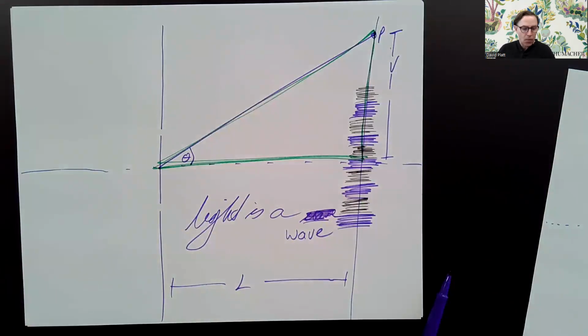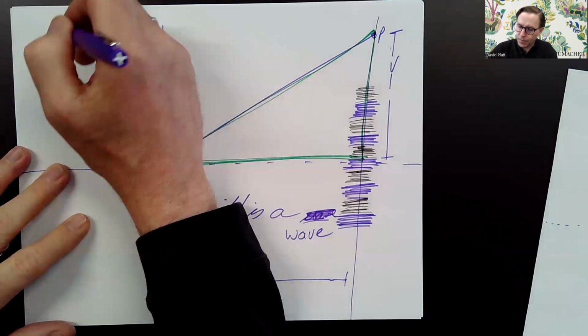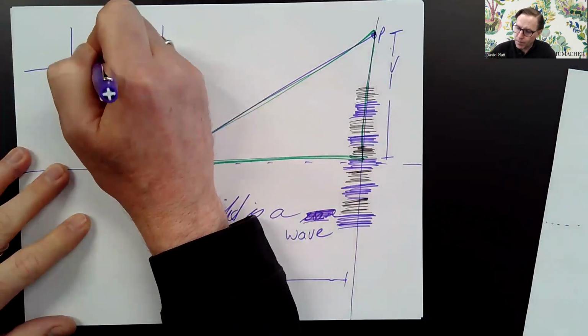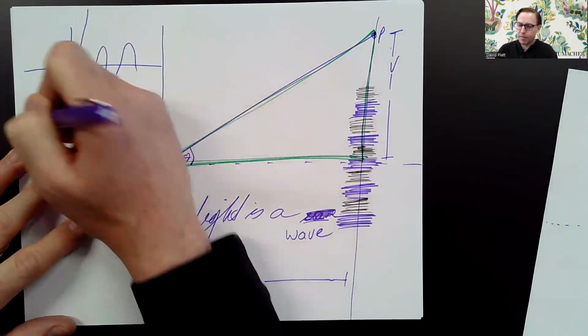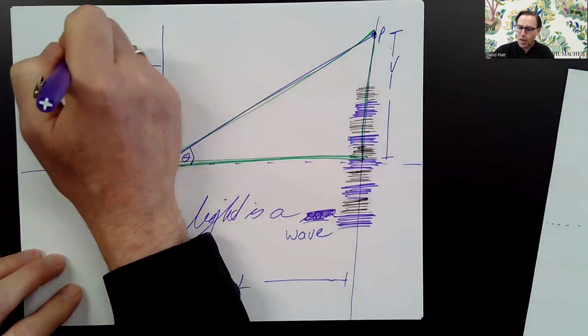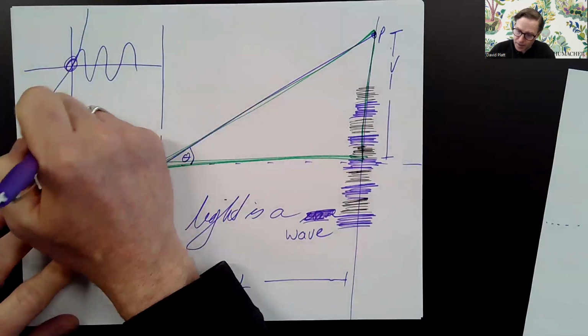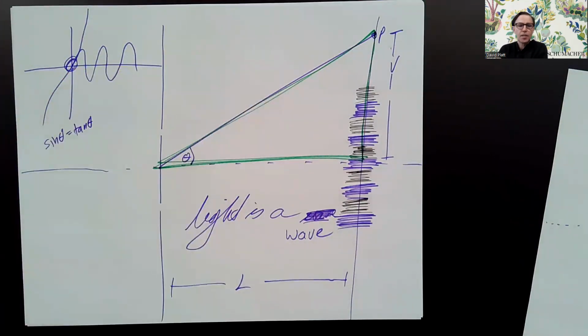For small angles, this is the sine graph, and this is the tangent graph. Do you see that for small angles right in there, they're pretty close to each other? So for small angles, sine theta equals tangent theta. So we're going to use that small angle approximation here.